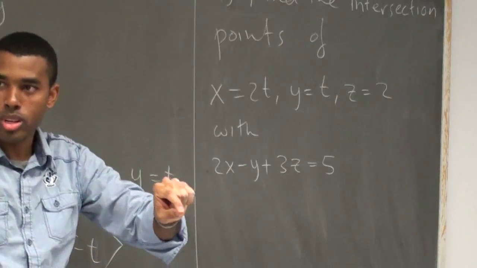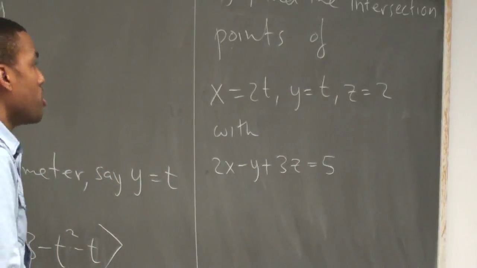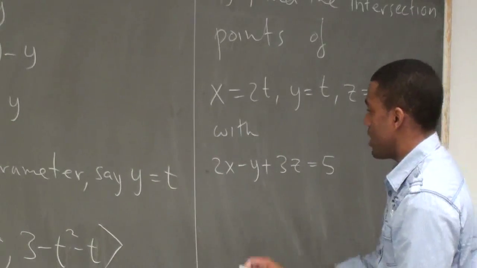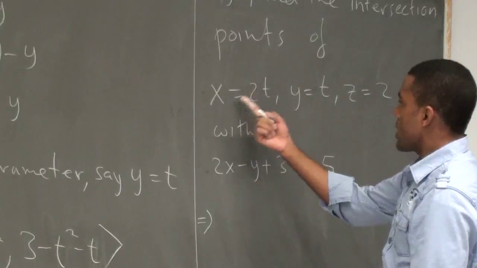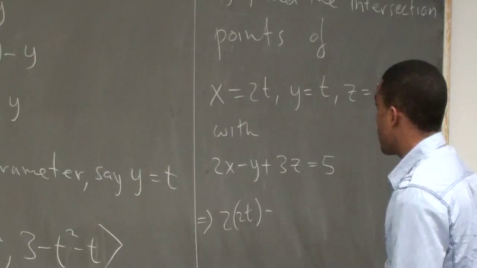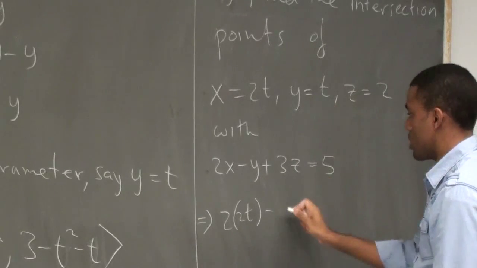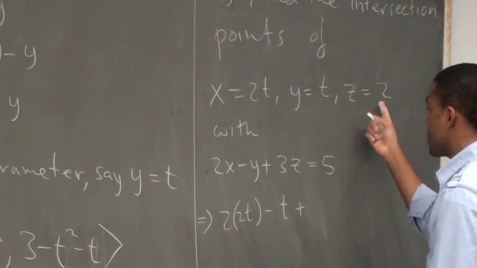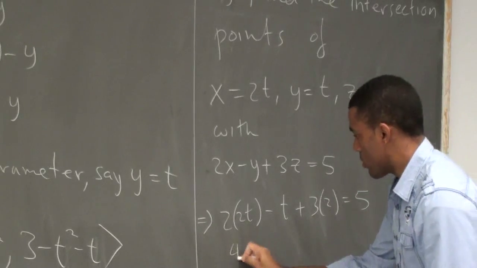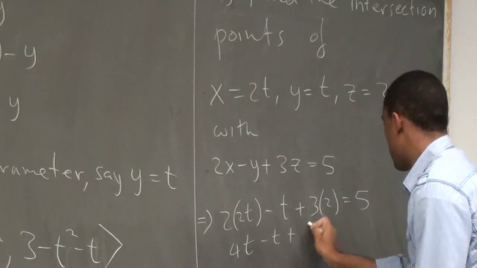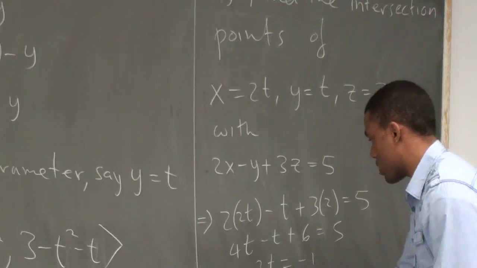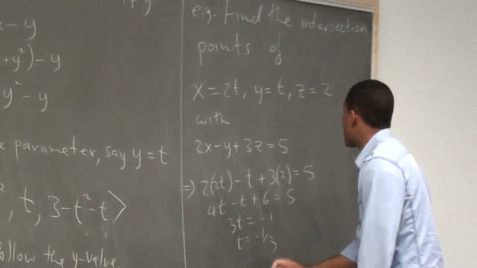I want to know the point where it cuts the plane. You just plug it in and solve for t, and then you can find x and y. Your x you know is 2t, so you replace it here. Your y you know is t, so you plug it in here. Your z you know is 2, so you plug it in here. Equals 5, so you get 4t minus t plus 6 equals 5, so 3t is equal to minus 1, so t is equal to minus a third.